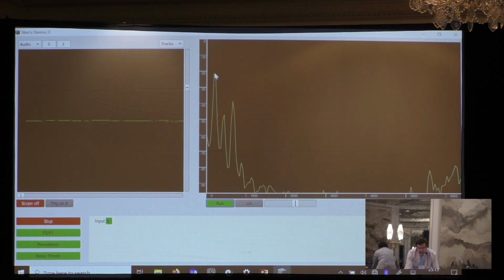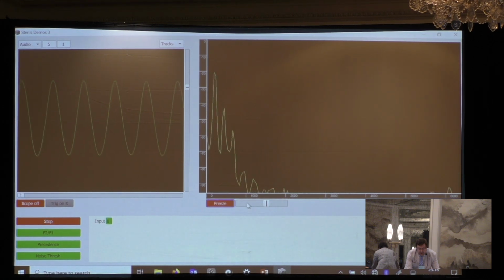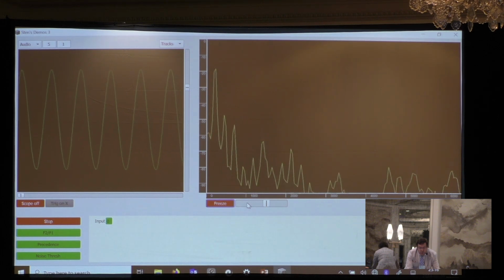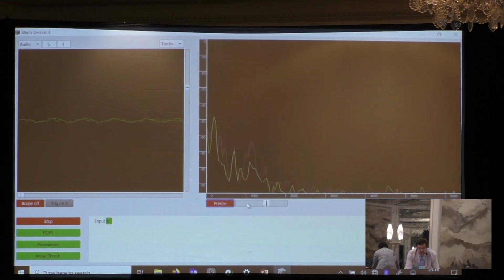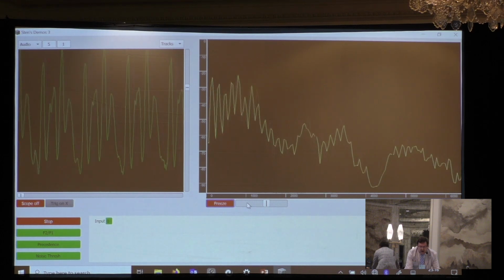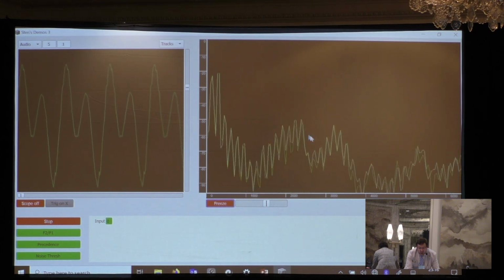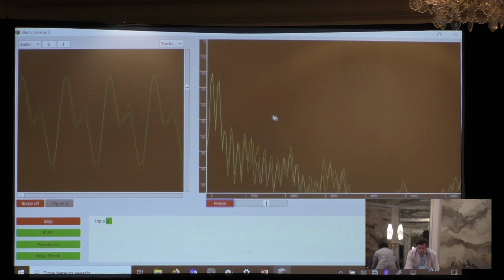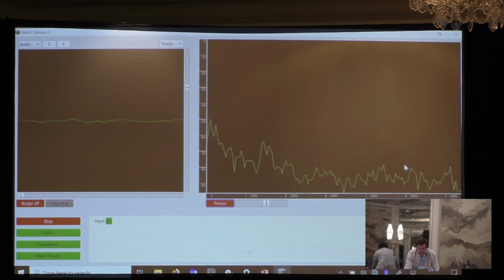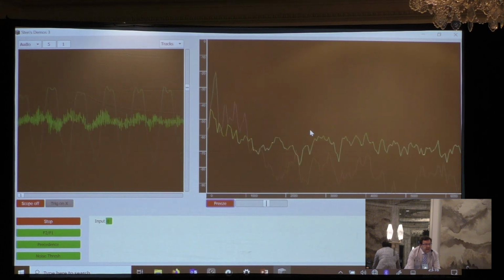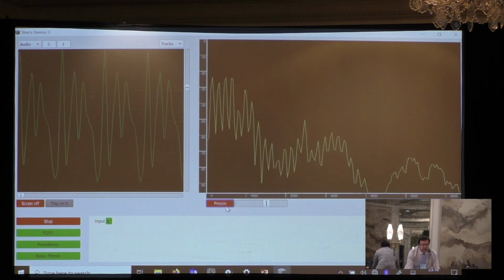Now, that's the fundamental. What you see there, but you can see that there's a weak second harmonic and a not so weak third harmonic. And if I change my vocal tract, and then if I increase the amount of adduction, going on in this envelope, the mountain range shifts, right?